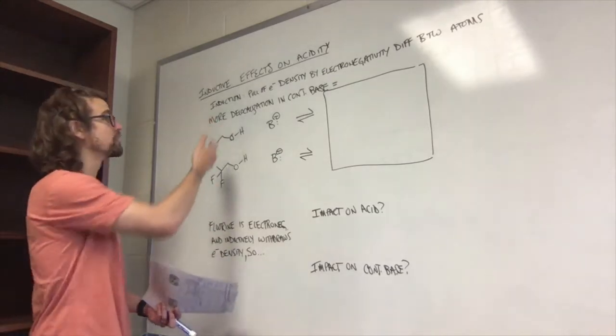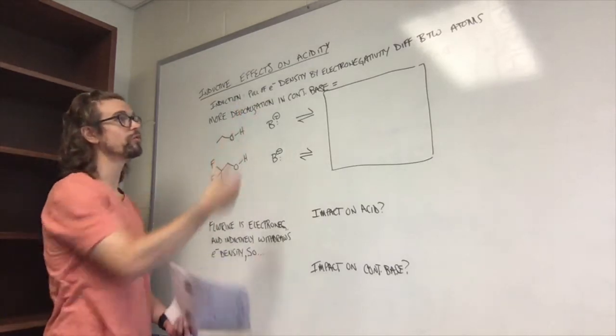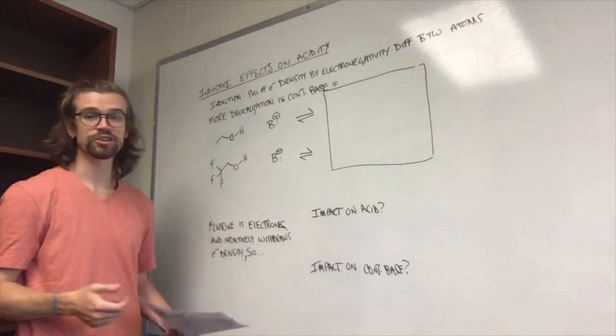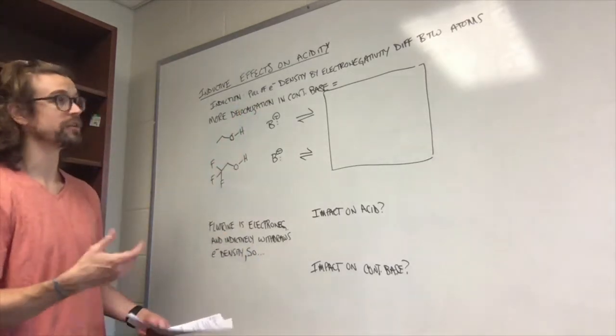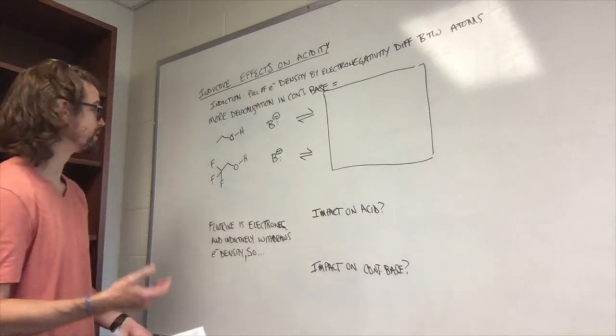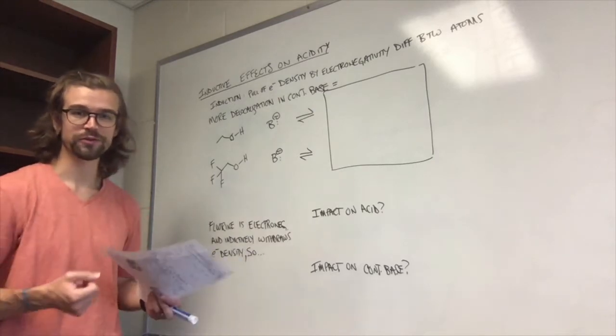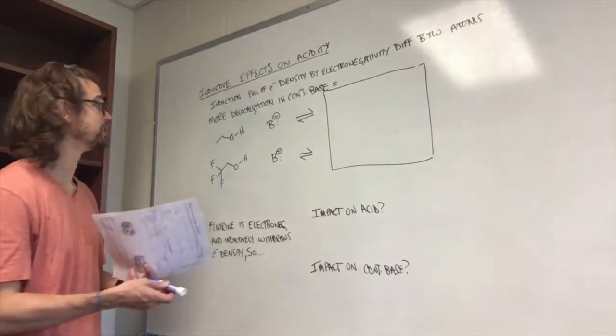And what is induction as far as chemistry? Induction is the pull of electron density by electronegativity differences between atoms. So essentially, if there is a difference of electronegativity, those atoms are pulling the electron density away.